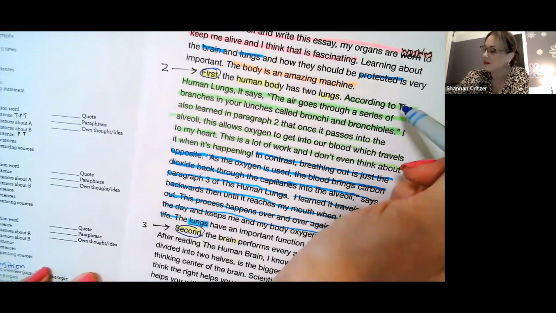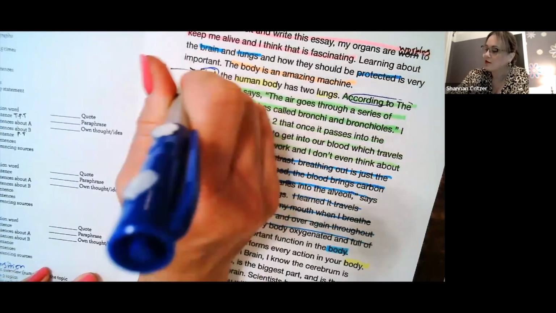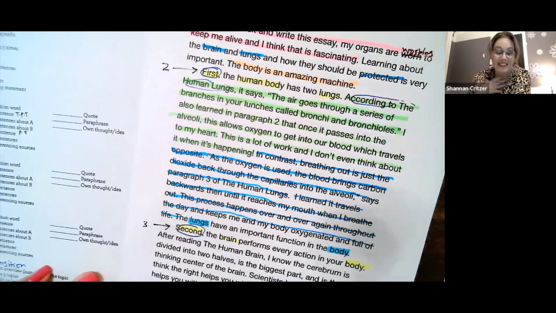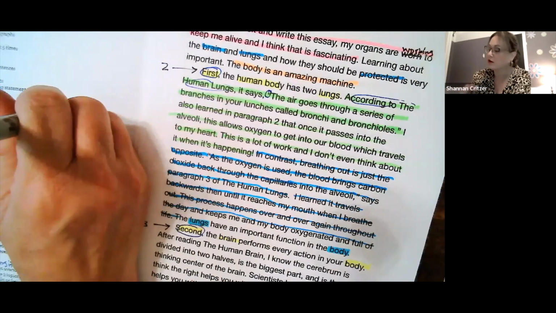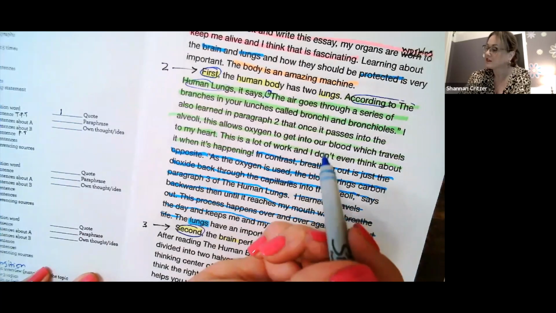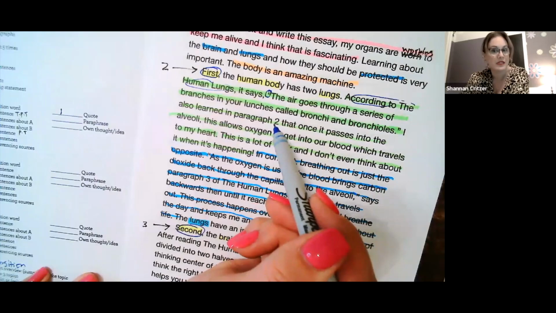So look at right here. I have according to the human lungs. That is the evidence-based terminology that we learned. And then I see a quote. So I have 1 quote. I also learned in paragraph 2, so this is a paraphrase.